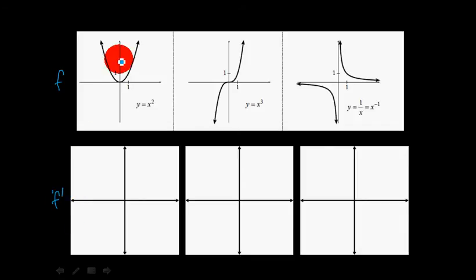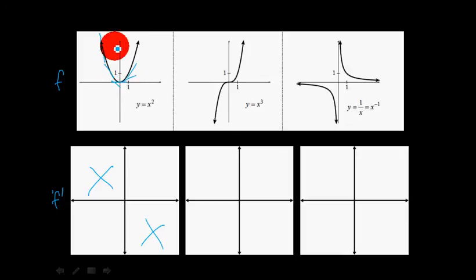So the first one, x squared. It's decreasing then increasing, so we won't have any here and we won't have any here. And it starts off with a really large negative, and then it gets slow, slow, slow, and then it reaches 0, and then it goes big.